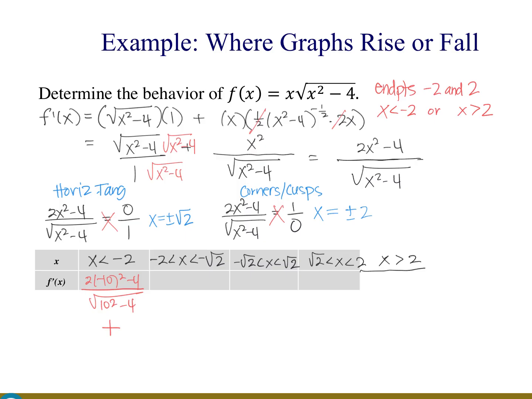So 2 times 1.5 squared minus 4 over 1.5 squared minus 4. What do I get in the numerator? A negative number. What do I get in the denominator? Careful. What do you get in the denominator? It doesn't exist.